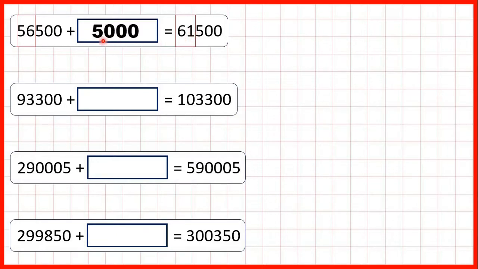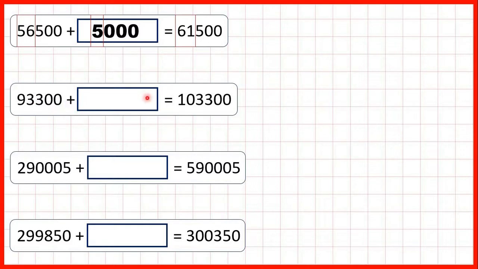So our missing number must be 5,000, because 56 plus 5 is 61, but then our hundreds, tens and ones digits have stayed the same, so we need 3 zeros after the 5 to show that 5,000 has been added.